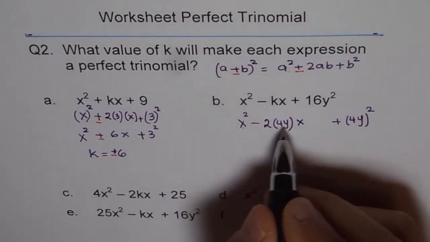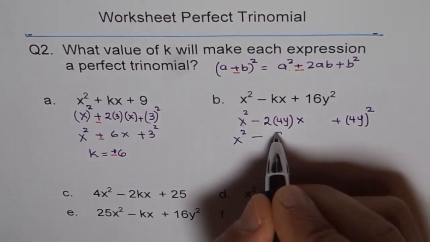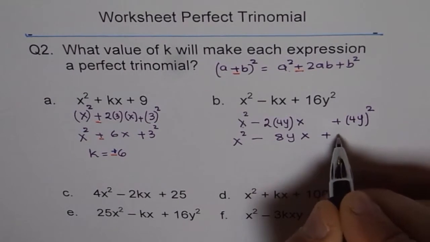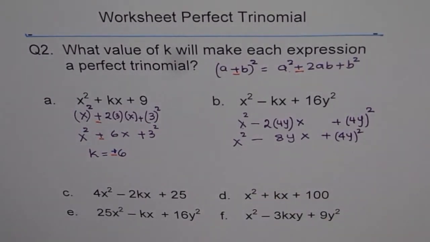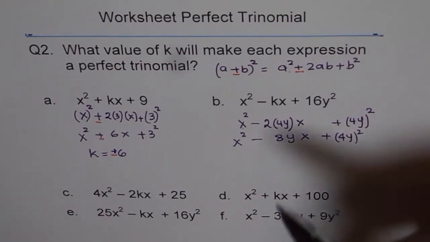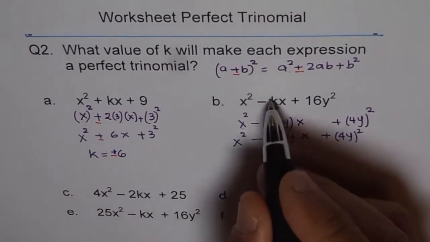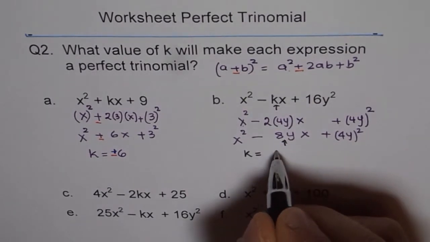Now if I expand this, what do I get? I get x squared minus 8yx plus (4y) whole square. Now compare. So when you compare these two equations, what do you see? You see k should be equal to 8y.